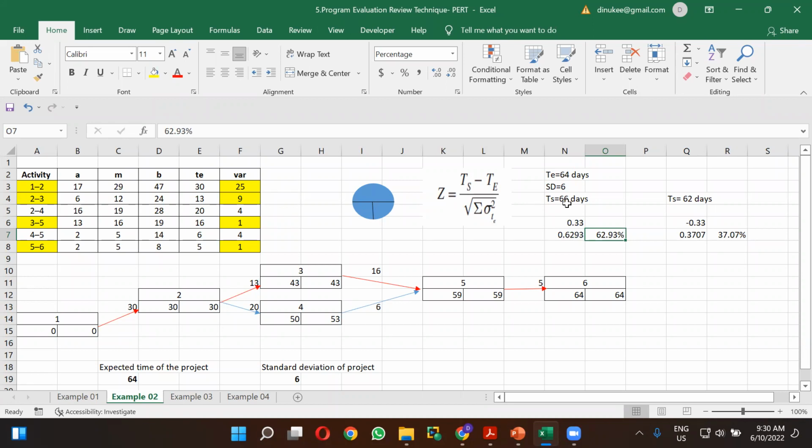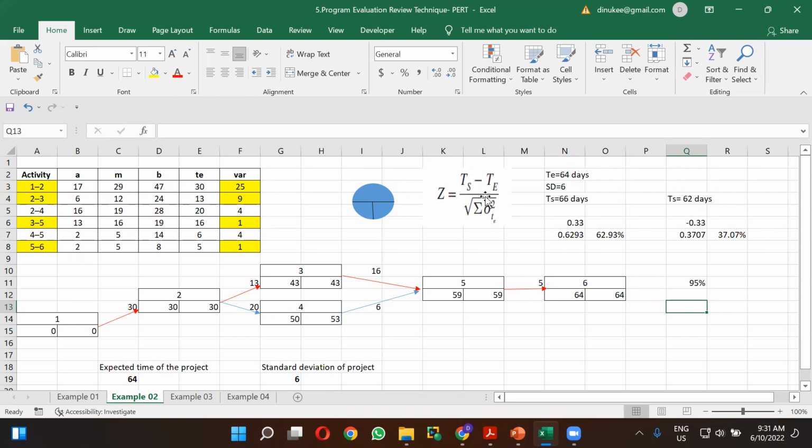Right? So that is the second part that you can get for your question. So assuming that there is a 95% probability to complete this project, in here also, now you do not know the TS, right?